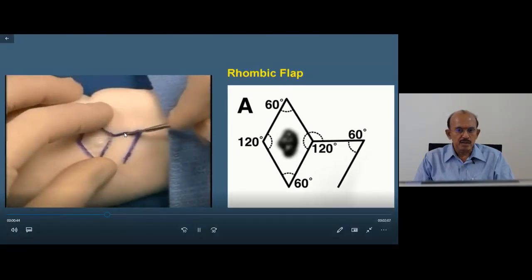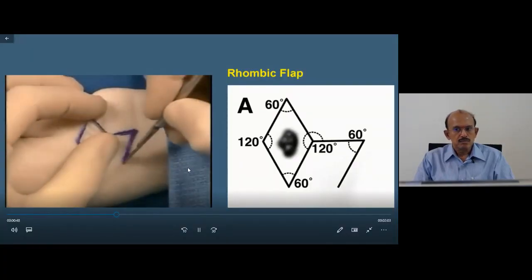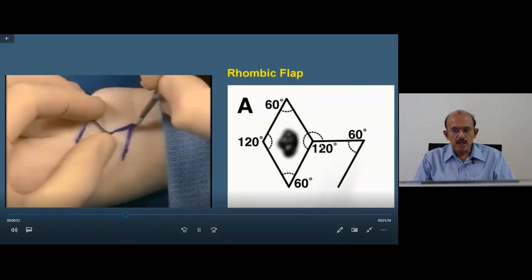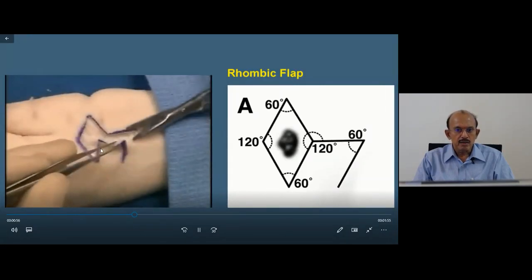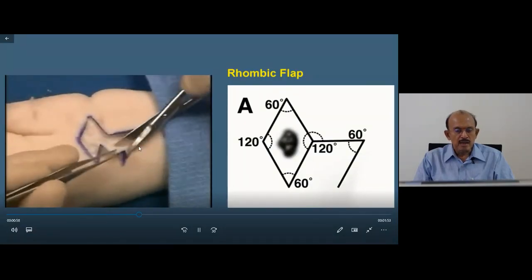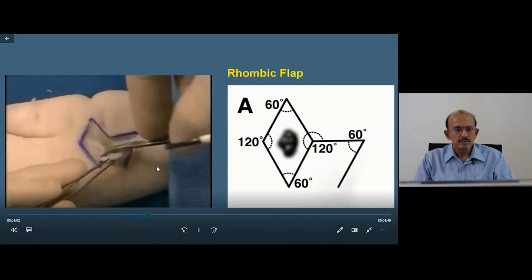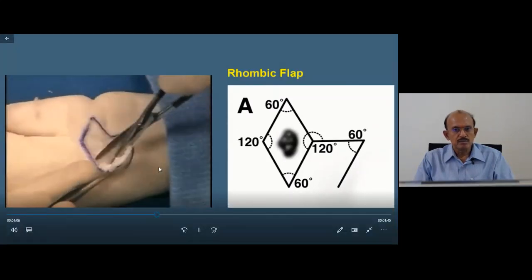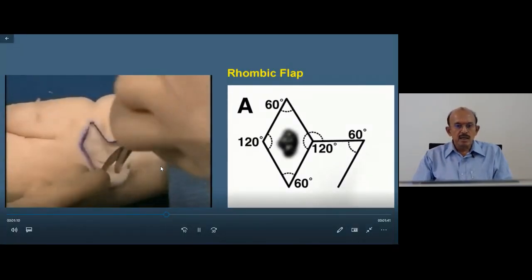Now you construct. So first of all, you must draw. How much angle you must have, all these formulae will be there. Basing on those, you have to construct another rhomboid by the side. So the flap of skin is elevated. Then the margins are undermined.